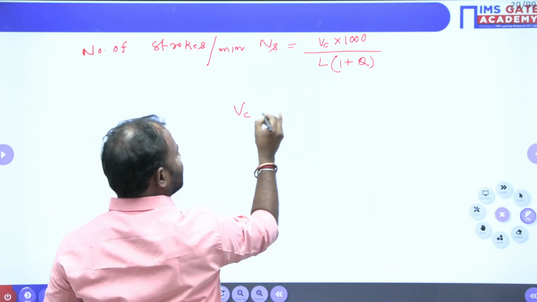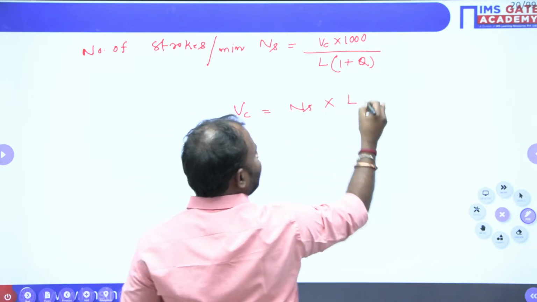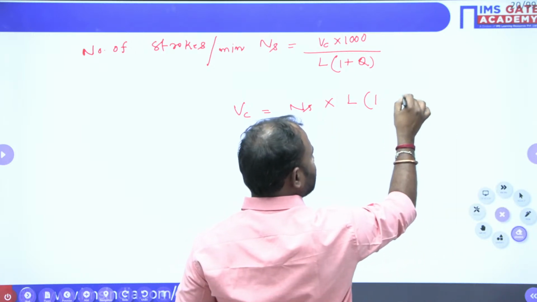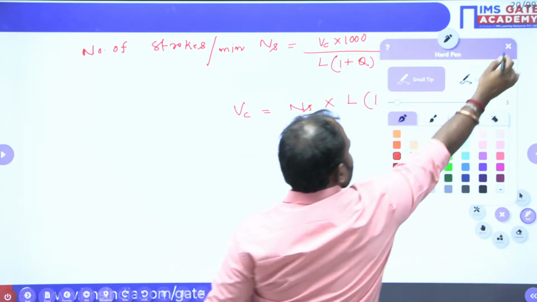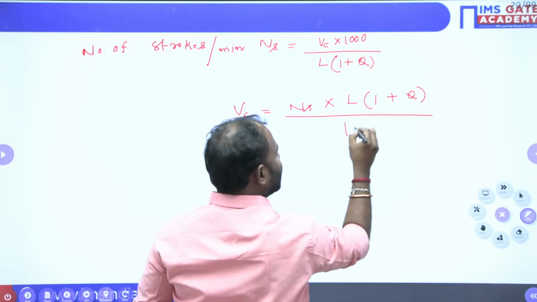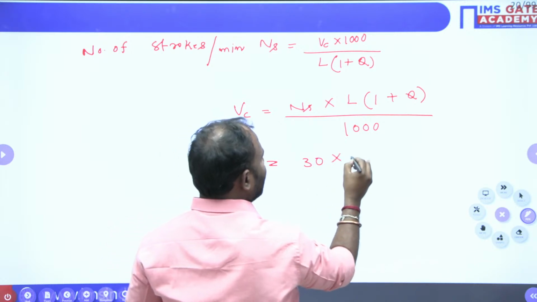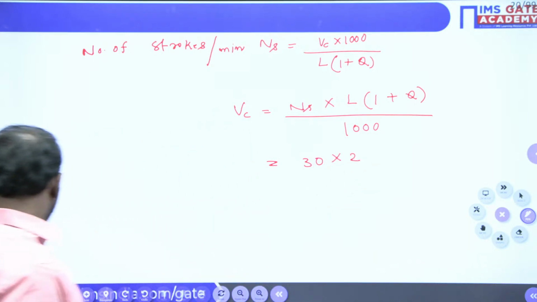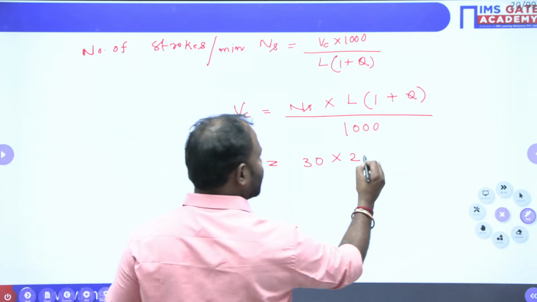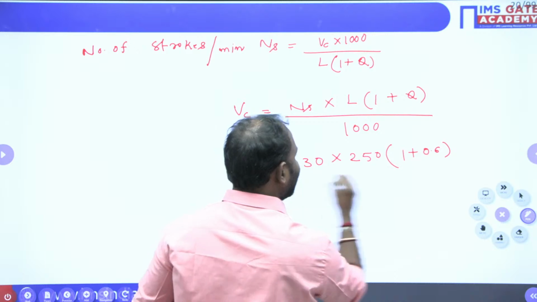Now, cutting velocity is equal to NS into L into 1 plus Q divided by 1000. From there, number of strokes is 30, into length of stroke, which is 250, into 1 plus 0.6, divided by 1000.